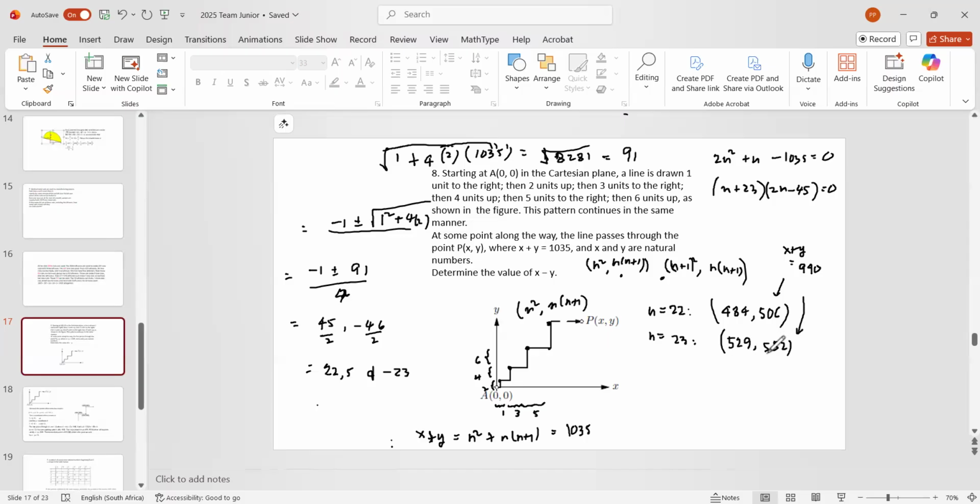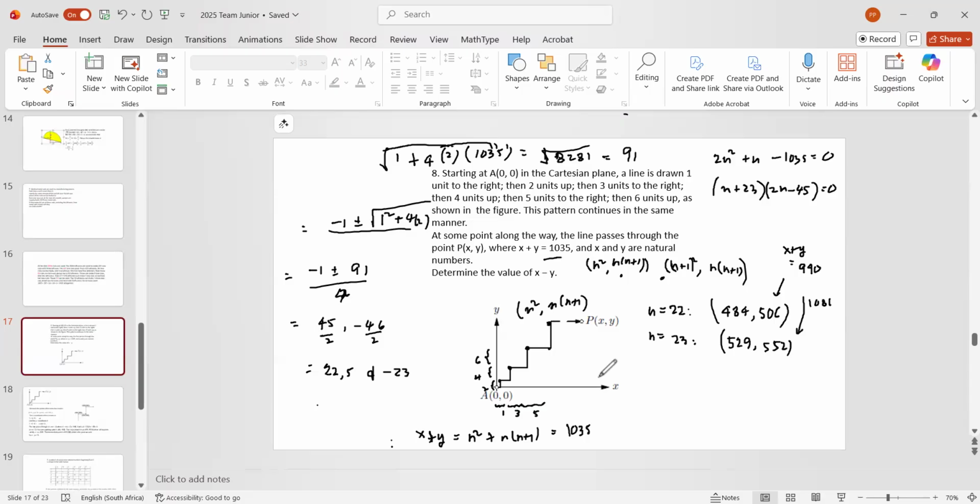And here you see that x plus y is 1081. But we want 1035, you see. So we got 990 and we got 1081. So we wonder what happened here. Actually, we jumped 2, you see.